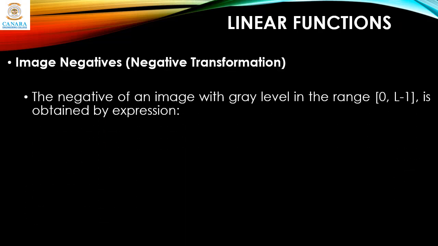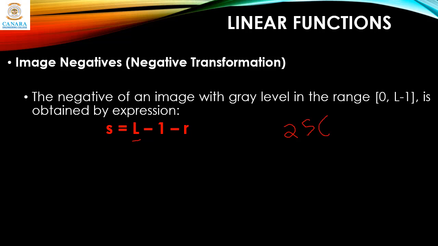The negative of an image with gray levels in the range 0 to L minus 1, where L is the largest value, is obtained by the expression S equal to L minus 1 minus R. Suppose L is 256, we are talking about an 8-bit image here.